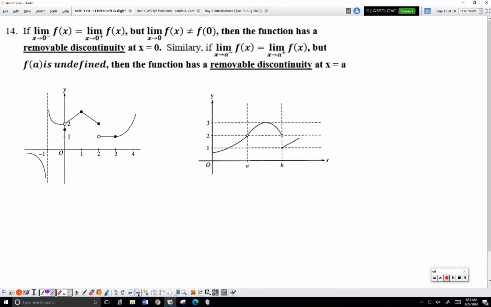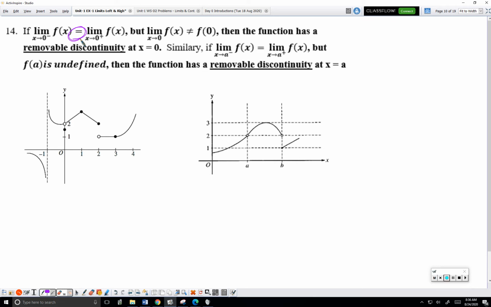Next thing, item 14. Remember, because you can't find a limit without checking the left and right anyway, so you're looking for what's happening at a discontinuity. You check the left and right limits, they end up being the same. They equal each other. So there's not a jump.